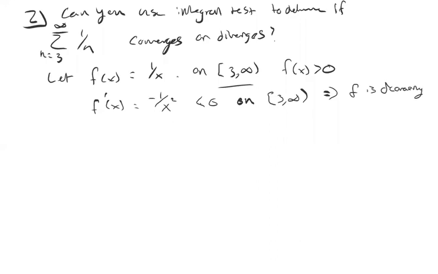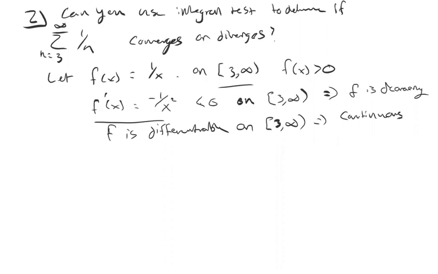Okay, and the third ingredient we need is continuity, but we know that f is differentiable on 3 to infinity, and differentiability implies continuity. So if a function is differentiable, it's guaranteed to be continuous, okay?